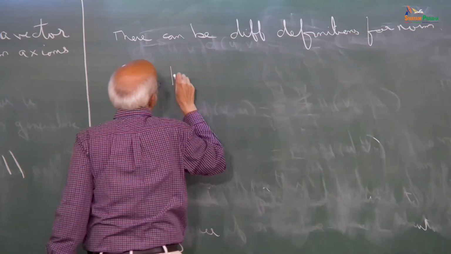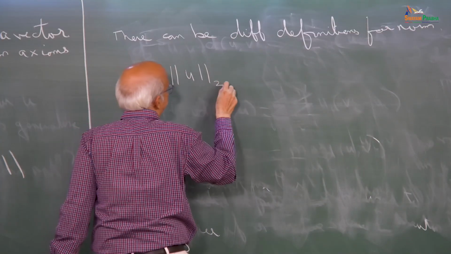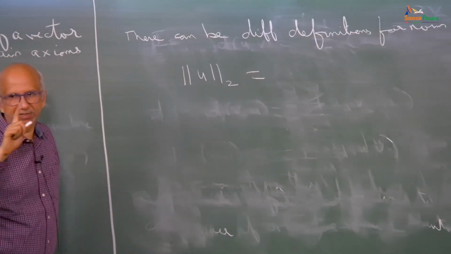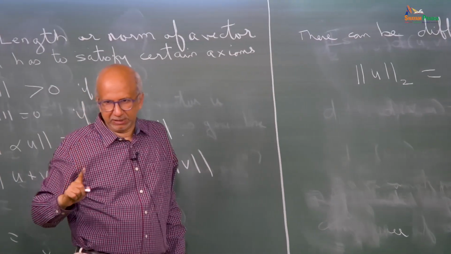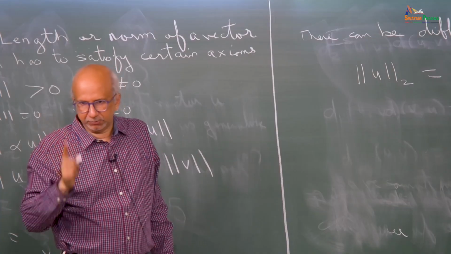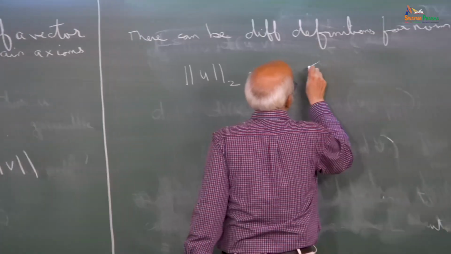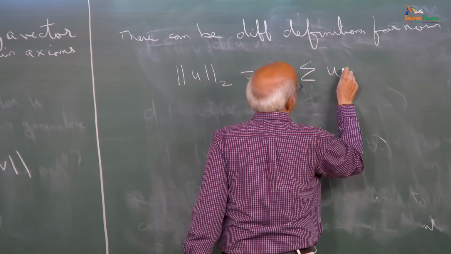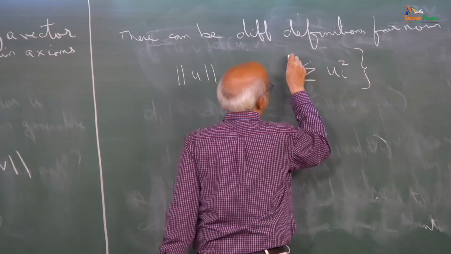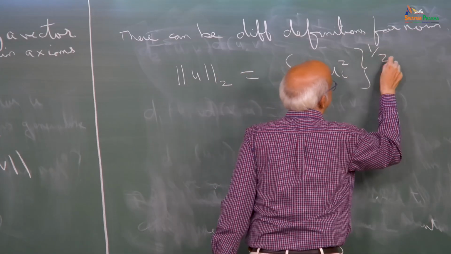I am going to call this what you are used to, the standard definition for length of a vector in physical space, in 2-dimensional, 3-dimensional space, which is the Euclidean length, which is sigma ui squared to the power half.